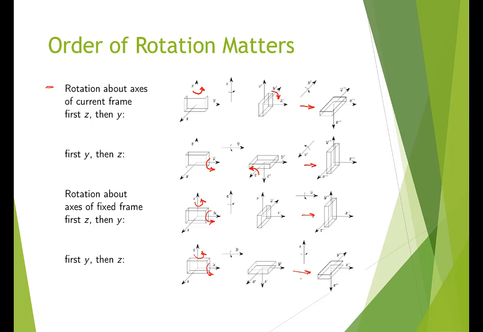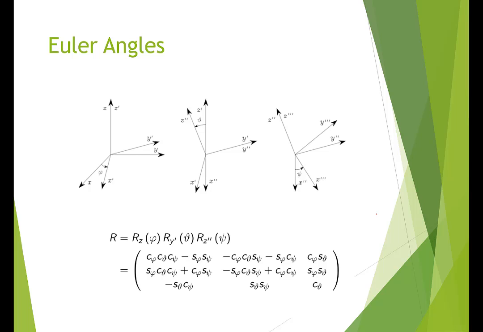Based on this, we need some guidelines. We need to have some ground rules on how to define rotation matrices. One of these guidelines is based on Euler angles. This is the most common type of rotation matrix. Euler angles are basically a rotation about Z, Y, Z axes, and all of them are about the already rotated frame.